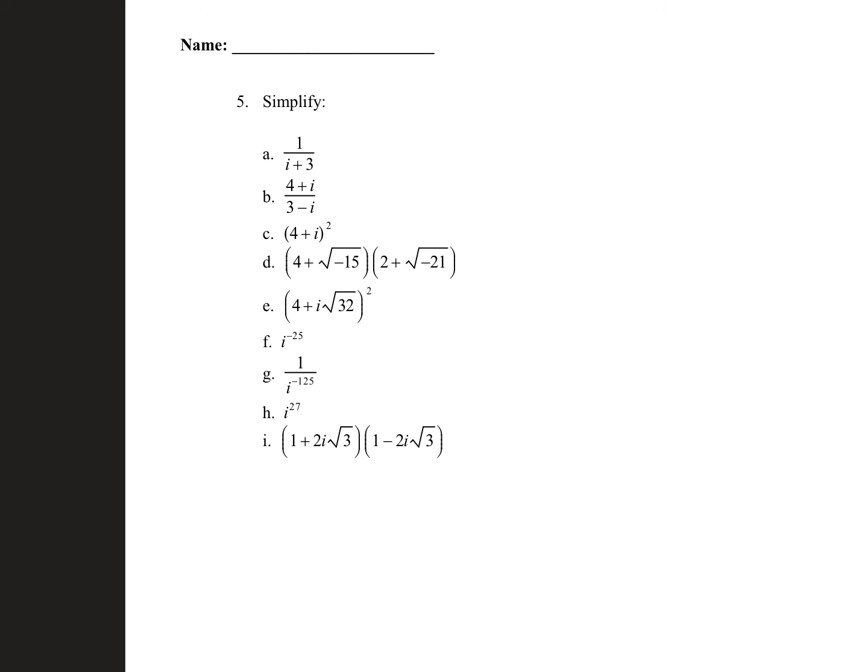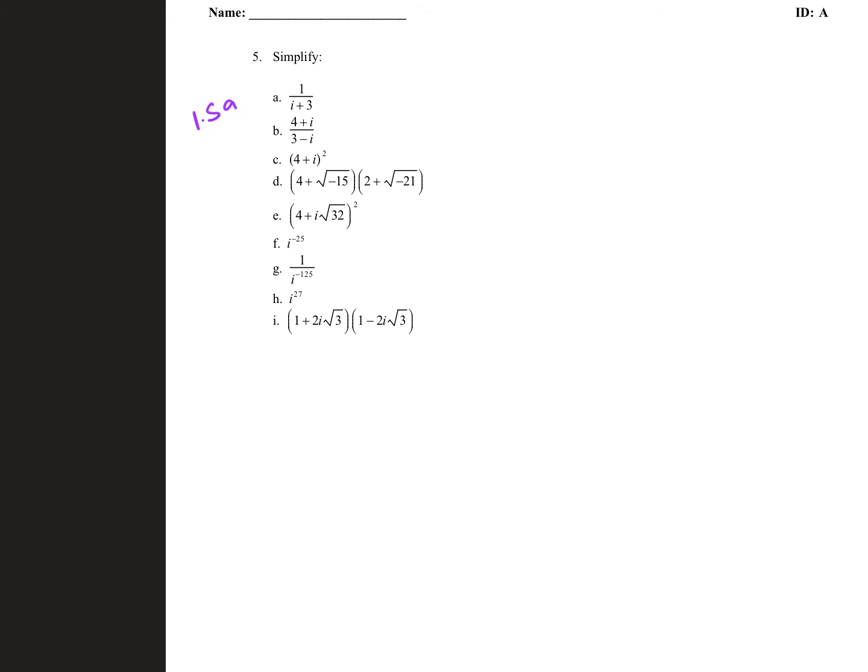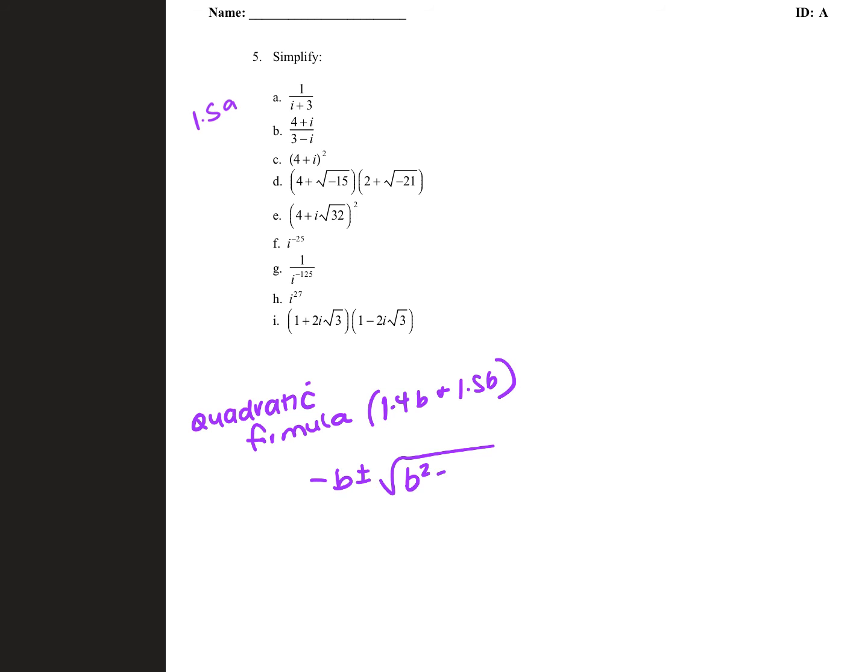And then this was 1.5a. Which was part of 1.4 B and 1.5 B. So if we go in order, and then all the i's, right?